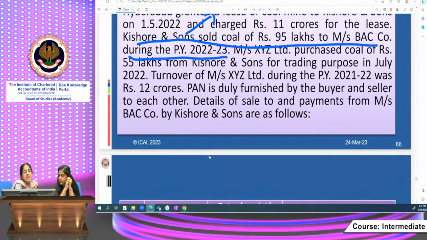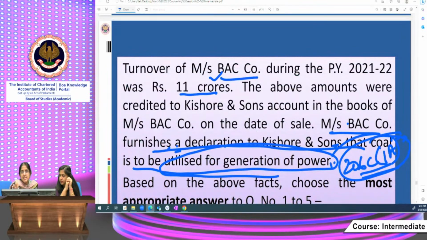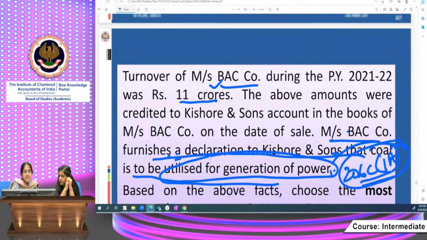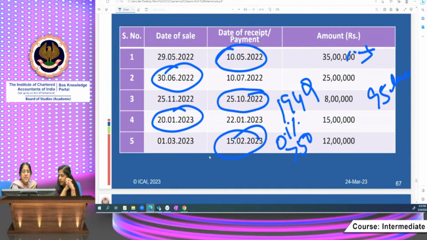In the seller's hands there is no TCS because of 206C 1A. The buyer is BAC. BAC's turnover is 11 crores. It exceeds 10 crores, so that condition is satisfied, and the transactions exceed 50 lakhs, so that condition also is satisfied. So TDS under 194Q is attracted at 0.1% of the amount exceeding 50 lakh.